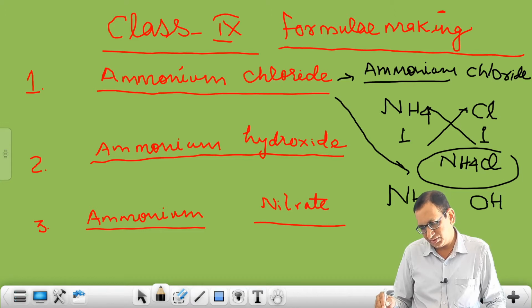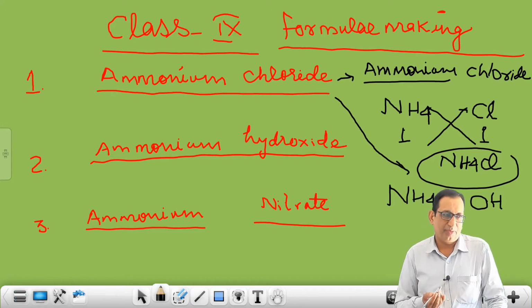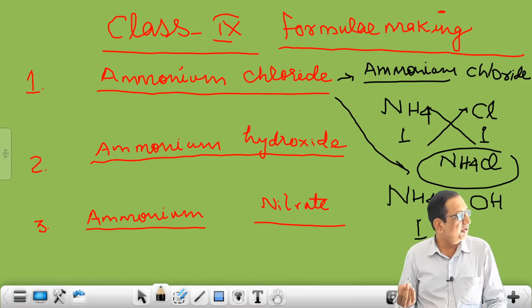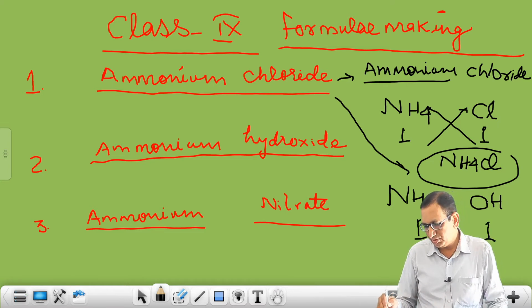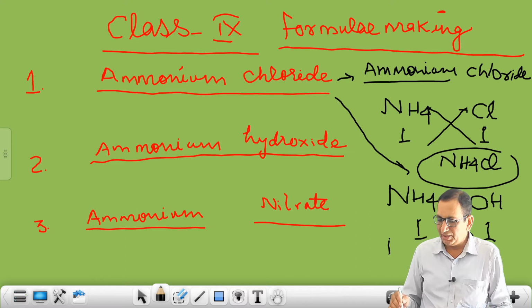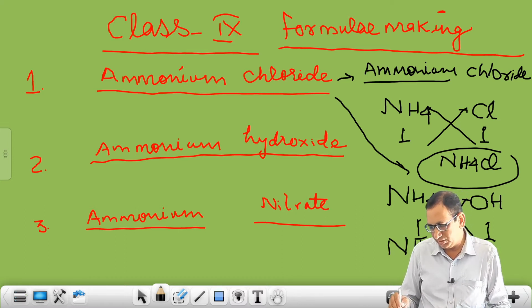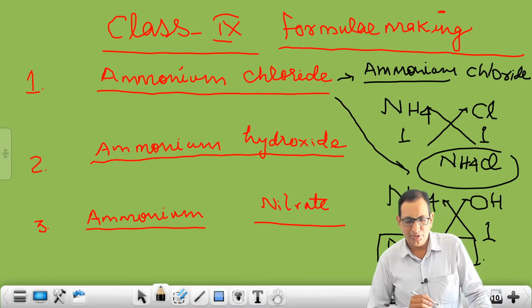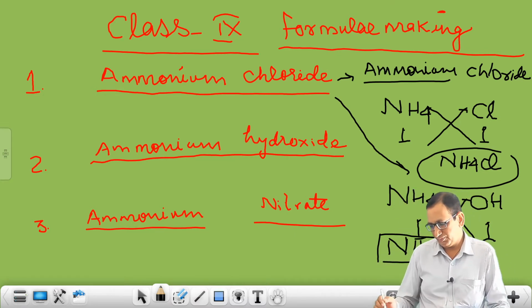Ammonium is +1 charge, so its valency is 1, and the valency of hydroxide is also 1. So there is no need for cross multiplication, because if the valency is 1 you write directly NH4OH. So this is the formula for ammonium hydroxide.